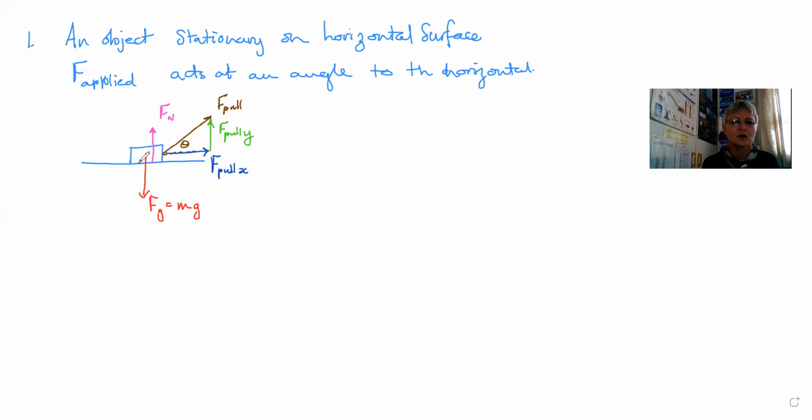So the friction will still be acting in the direction that opposes the attempt to move. The object is stationary, so we've got static friction. If the object is stationary, the forces are in equilibrium.